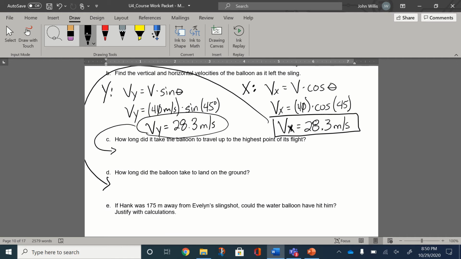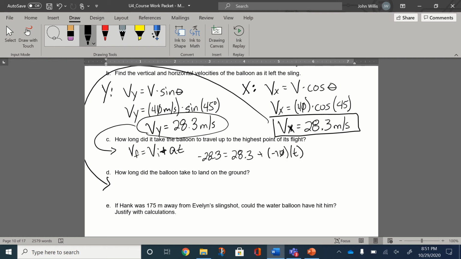So, how long will it take to hit the ground? It is still the exact same scenario that we had done before in the last problem. Vf equals Vi plus At. We have negative 28.3 is equal to positive 28.3 plus negative 10 multiplied by our time.